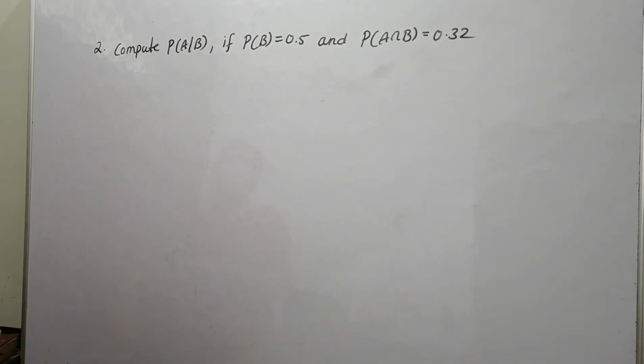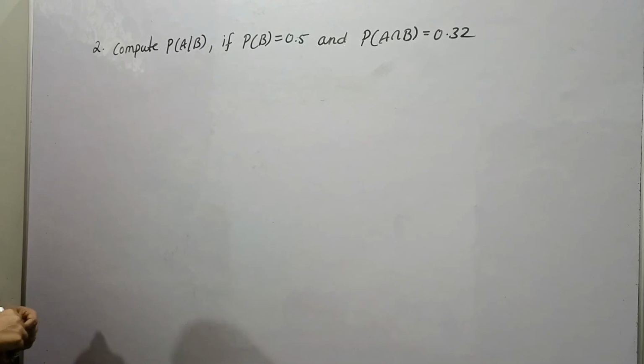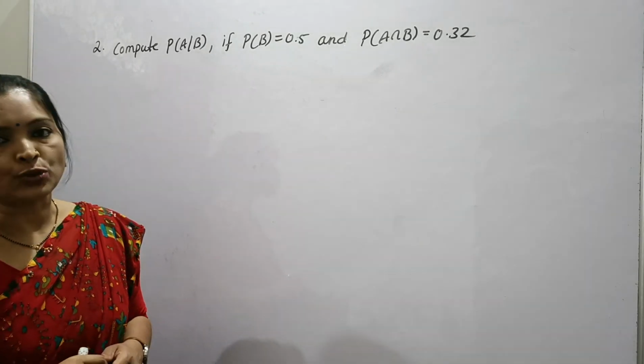Compute probability of A given B if probability of B is equal to 0.5 and probability of A intersection B is equal to 0.32.